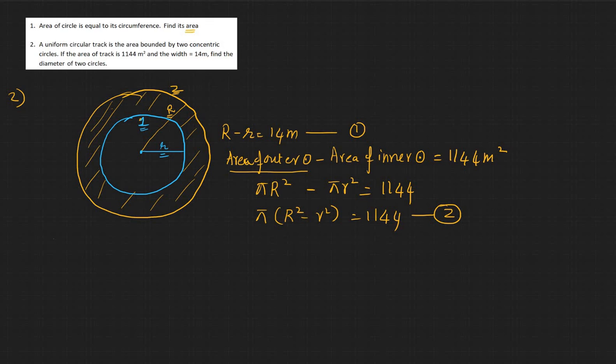Pause the video here. You can open up R squared minus r squared as R plus r into R minus r. R minus r is 14.